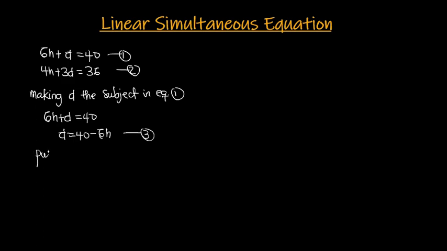So I can say substituting equation 3 into equation 2. Please, after you've made d the subject in equation 1, don't substitute it back into equation 1. Substitute it into the next equation. So I'm substituting it into equation 2 over here.